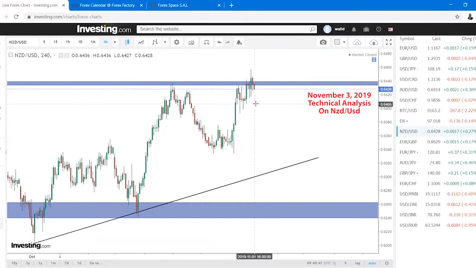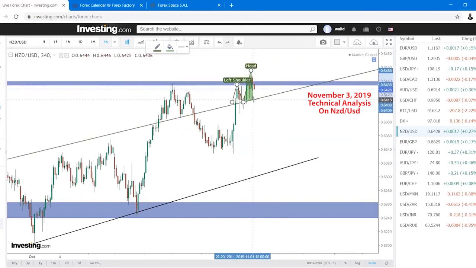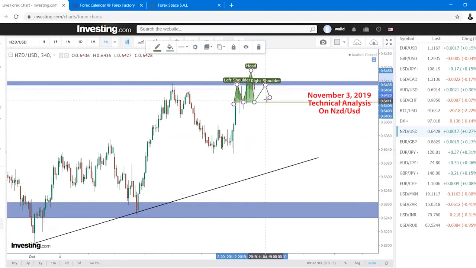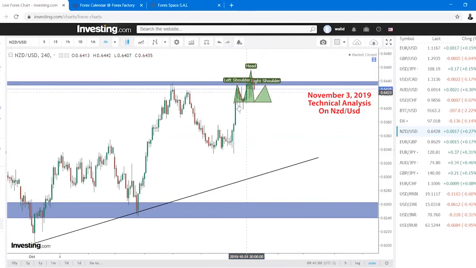It might be a head and shoulders in the future, like this. Nothing for sure yet. Any break of this support might expose this trend line, okay?